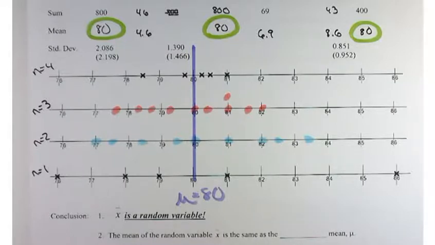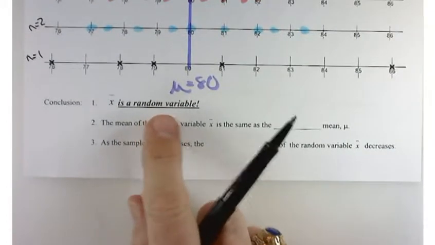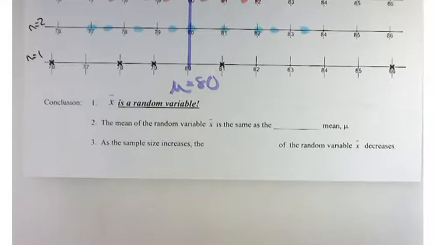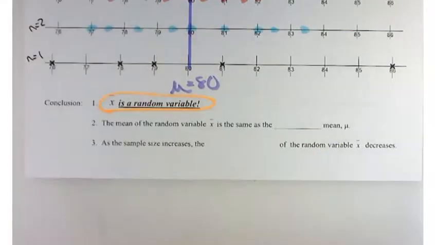So what conclusions should we draw from all this? Well, I'm glad you asked. Let me help you. The big one, the absolute biggie, is that the sample mean is a random variable. X bar is a random variable. If you take a different sample, you're going to get most likely different sample values. So the sample mean itself is a random variable.